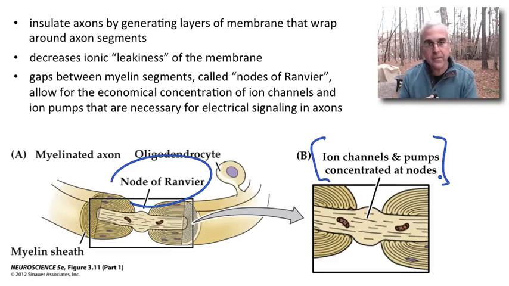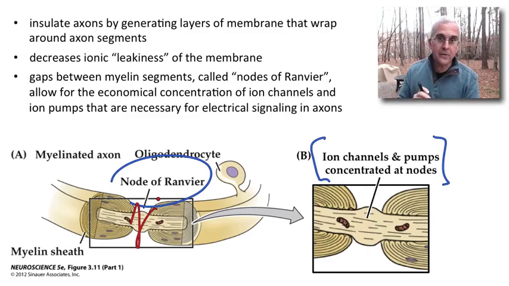And so the benefit here is really twofold. The electrical signal is regenerated here in this node of Ranvier, and the signal can be regenerated across these segments of myelin that are contributed by different oligodendrocytes. And the signal essentially can jump from one node to the next. We call that saltatory conduction. More on that in a later tutorial.